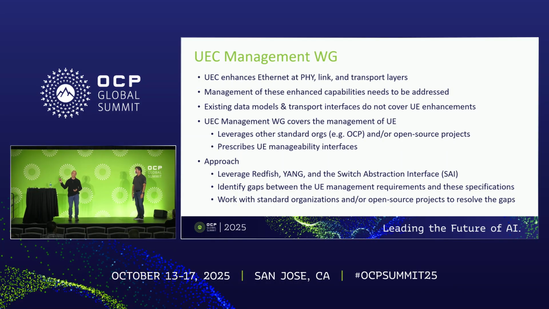And as the capabilities come down from the rest of the Ultra Ethernet working groups as to what they're adding to the Ultra Ethernet interactions, then we have to go figure out exactly how it needs to be managed in order to set up the fabric and tilt the entire fabric up.